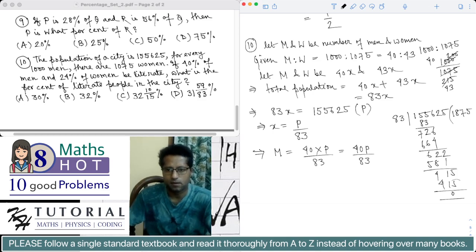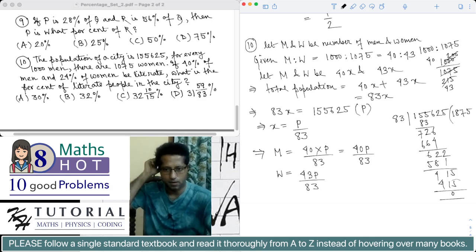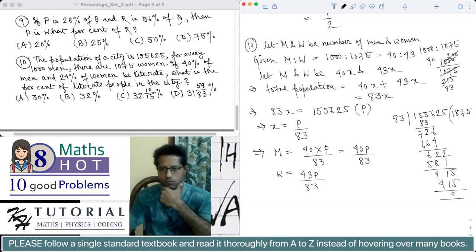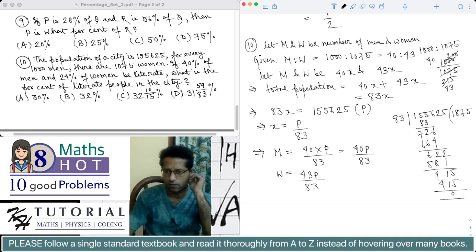Also we will get w equal to 43x, so this will be 43p by 83. So we got the total number of men and the total number of women in terms of p, where p is assumed to be the total population. Even though the value of the total population is given, we are not using the actual value, because I think p will get cancelled out.